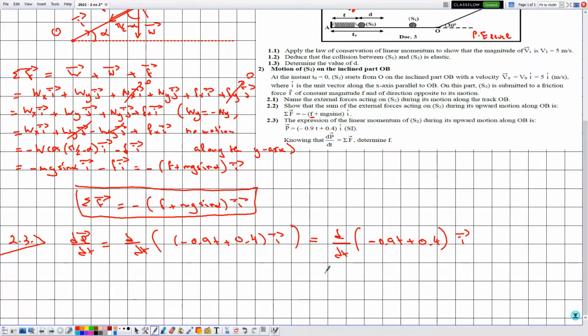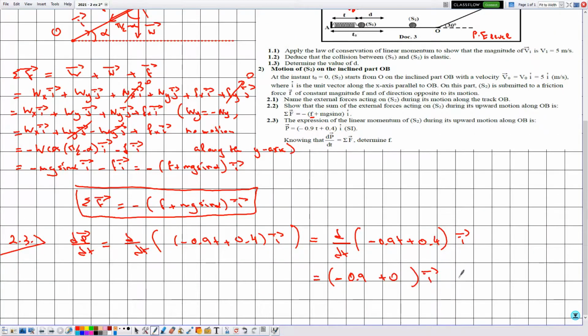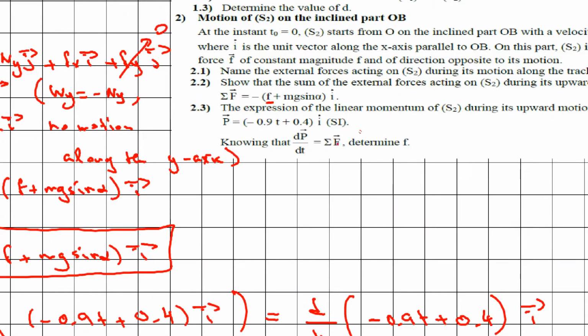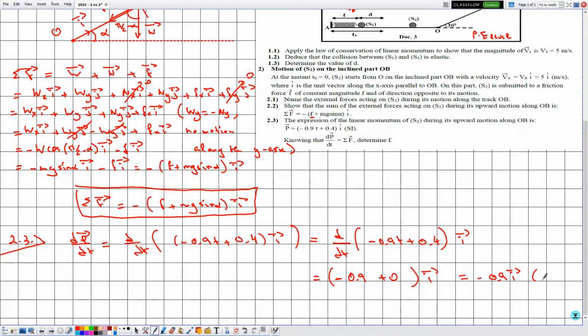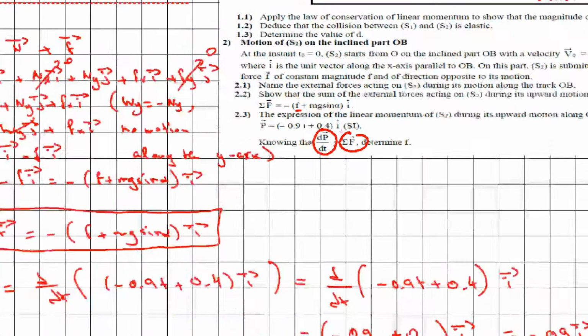So here what do we have? This is equal to minus 0.9. The derivative of the constant is 0. So this is simply minus 0.9 i. And here, what is the unit of this quantity? Because this is equal to a force, this is in newtons. Now we have calculated this on one side, and we know the expression of the other, so let's equate them.